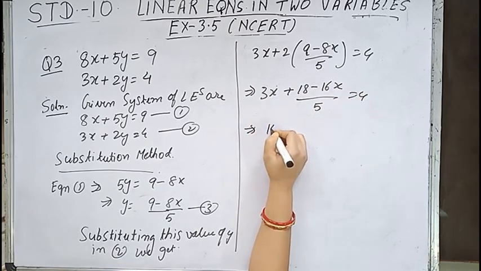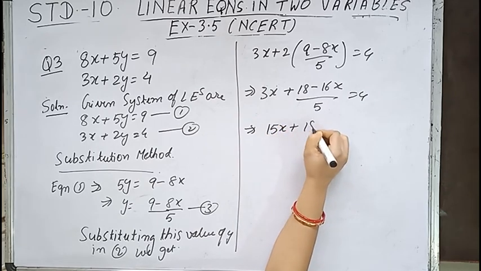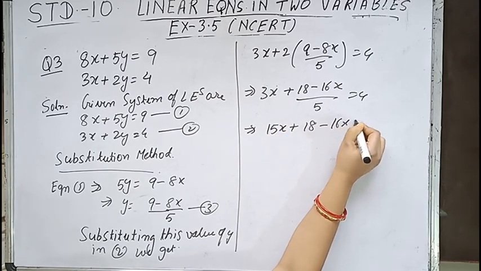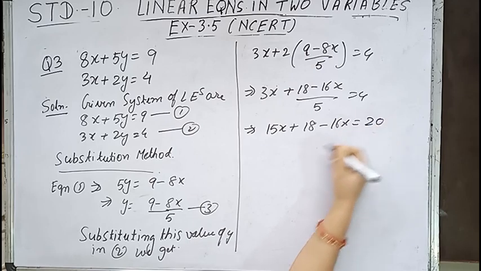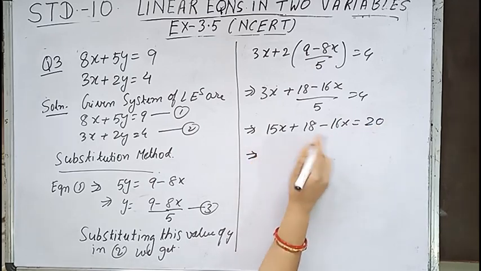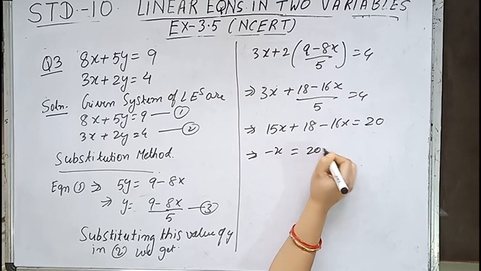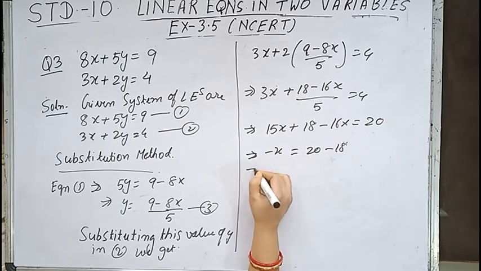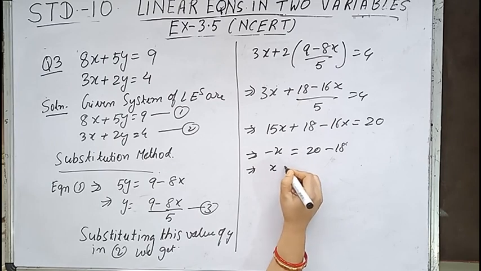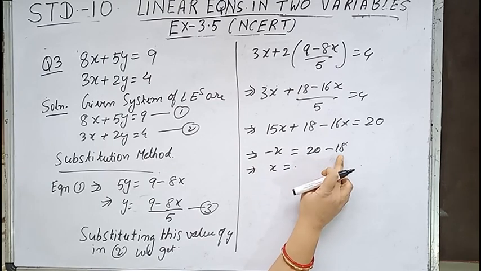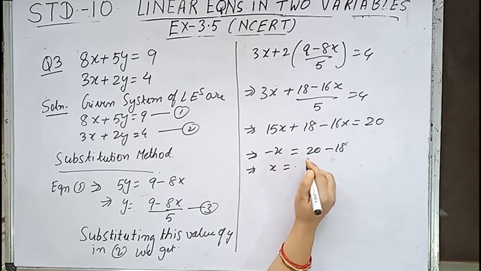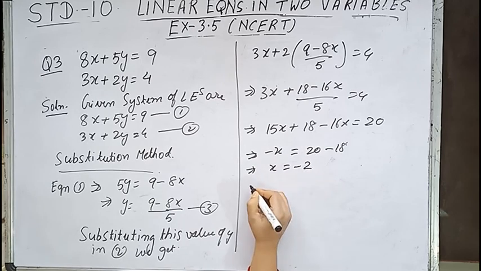This implies 5 3s are 15x plus 18 minus of 16x equals 5 4s are 20. This implies minus of x equals 20 minus of 18. This implies x equals 20 minus 18 is 2 and this one is minus sign, will go this side and will become minus 2.